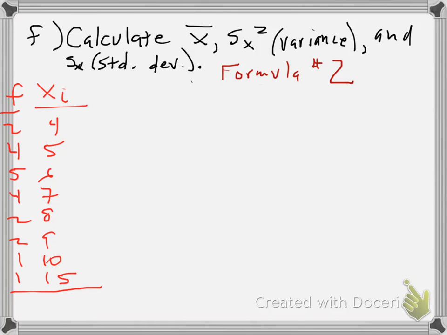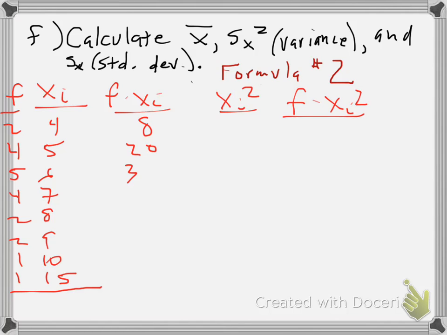I am going to also multiply my frequencies here by the x's, so I don't have to add all the time. So 2 times 4 is 8, 4 times 5 is 20, 30, 28, 16, 18, 10, 15. I'm going to add those all together. I get 145.